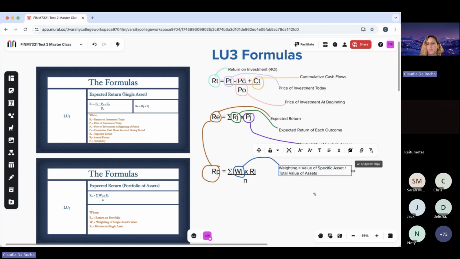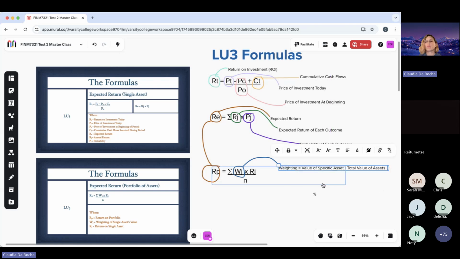There is a specific formula that we learn later on from Learning Unit 5. I'm not going to refer to that now, but in essence, it is the value of a specific asset. So if you have three assets, each at a thousand rand, you would basically say 1,000 rand divided by the 3,000 to give you your weighting. Really, that's what it is.